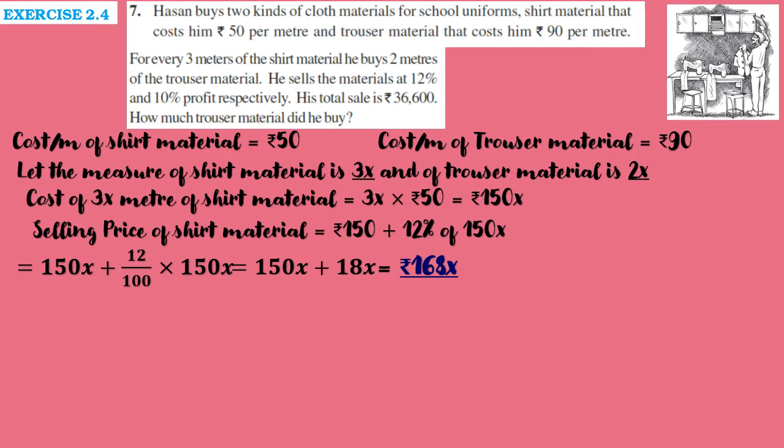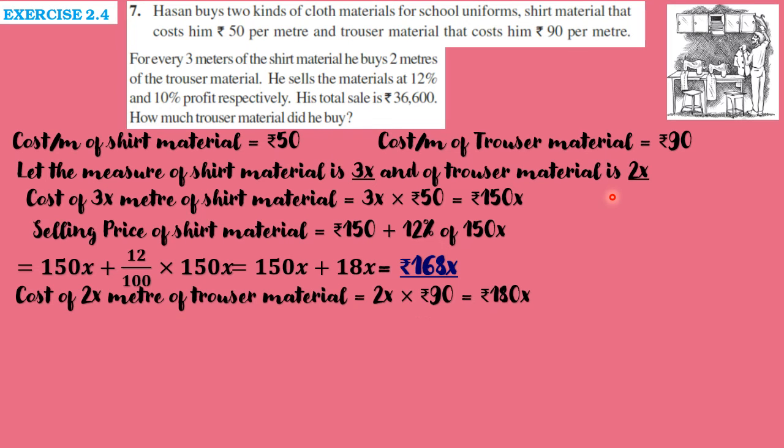Or you can do in another way. You can find 12% of 50 directly, that is 12 by 100 into 50, and that into 3x, then also you will get 168x. That way also we can do. Now cost of 2x meter trouser material, 2x into 90, that is 180x rupees, and 10% of that has to be added.